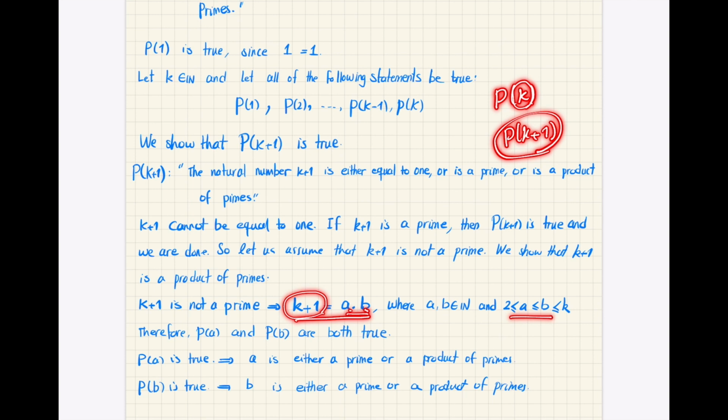But we don't have any other control on what these numbers are. So this is why just knowing the truth of the previous number k, there is no guarantee that I can show the truth of k plus 1. Yes, so that is the importance of this strong principle of mathematical induction.